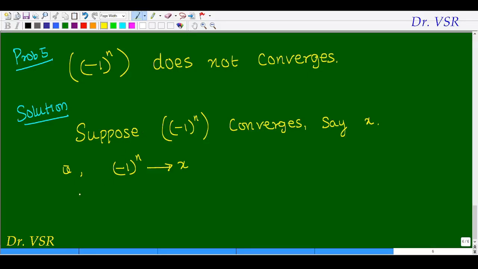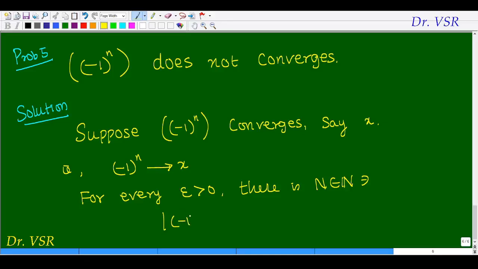If it converges to x, can we write its definition? That is, for every epsilon positive there is a natural number n such that modulus of xn, that is minus 1 the whole power n minus x, is less than epsilon for every n greater than or equal to natural number n.